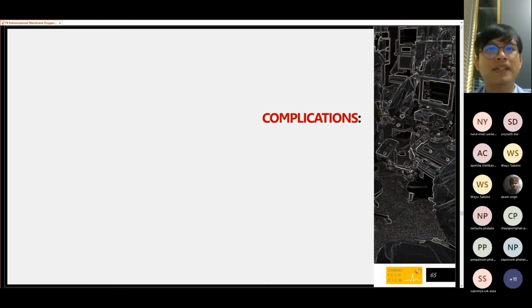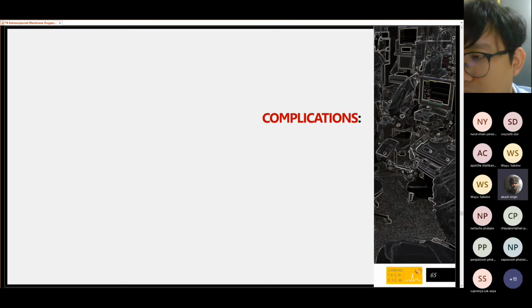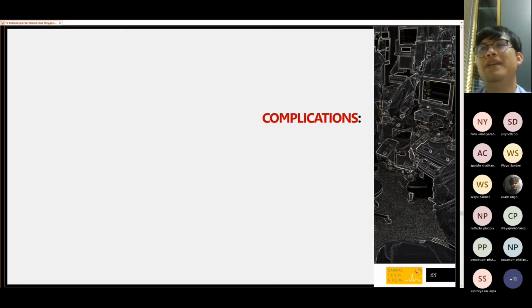Are there any questions about this? Ajarn, for the examination, do we need to remember the normal values of the hemodynamic parameters? It's not exactly the numbers, but you need to know the main principle of ECMO, how the two types of ECMO differ, and the things you need to be concerned about, like monitoring the ECMO.